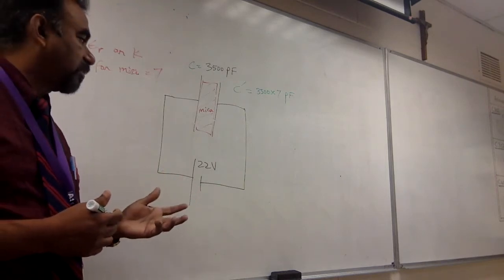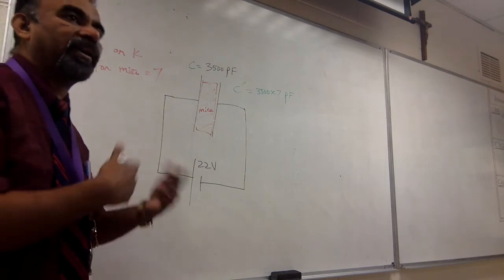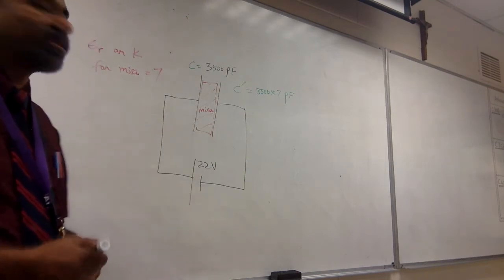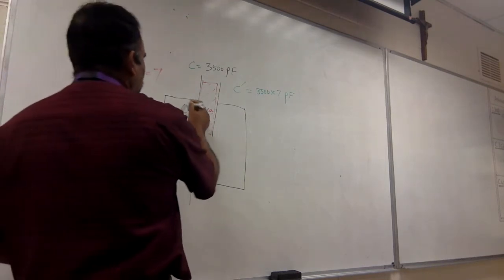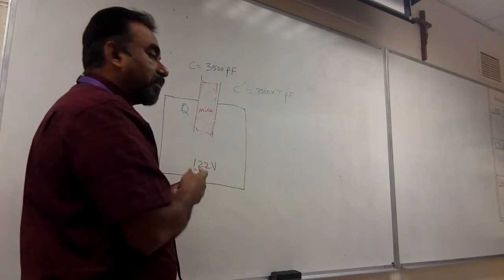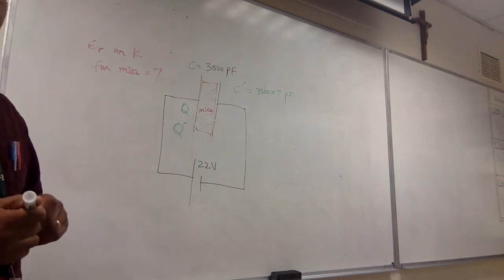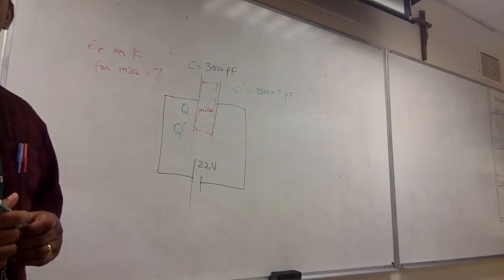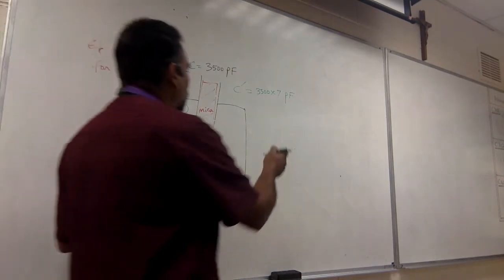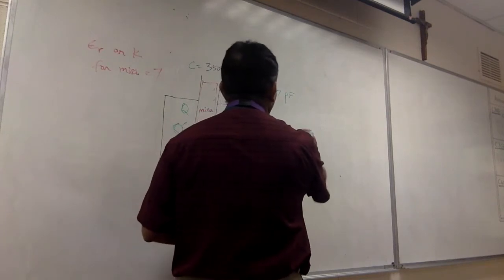And the question is asking you how much charge will flow in extra, right? So for that, what was the previous charge? You have to find that out and find the new charge, and then you can subtract. So the equation is Q equals CV.